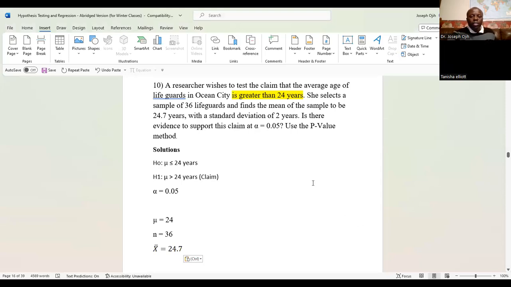Then standard deviation is given as 2. So sigma equals 2. So I'm gonna adjust it.